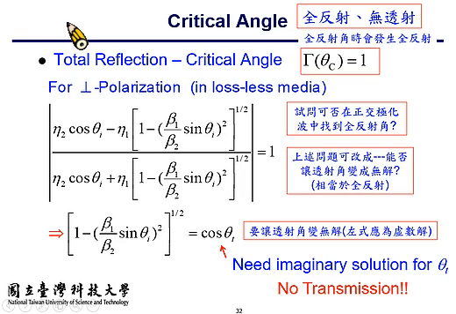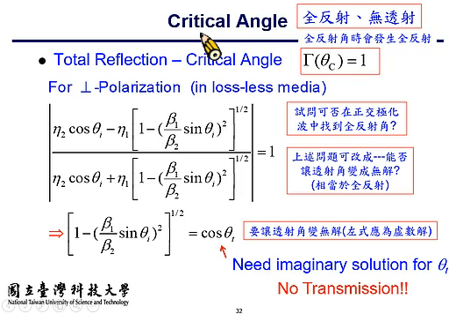The next thing we'd like to discuss is the critical angle. In contrast to the Brewster angle, the requirement for the critical angle is total reflection, no transmission.